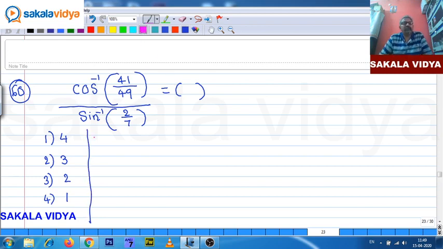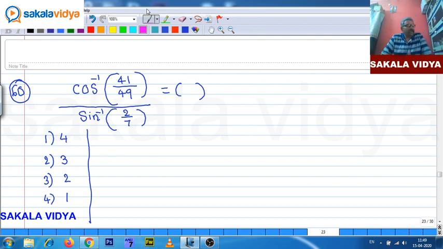Cos inverse 41 by 49 upon sin inverse 2 by 7. So, I need to check the 45th question, then tomorrow, or today night, I will explain that problem, because I need to work it out. Okay, right.